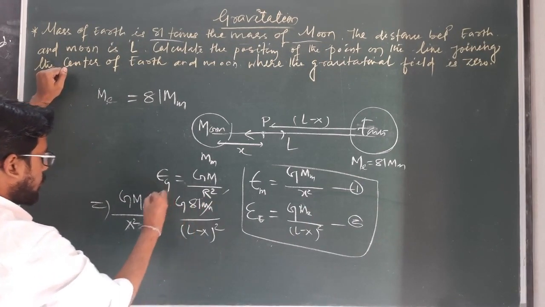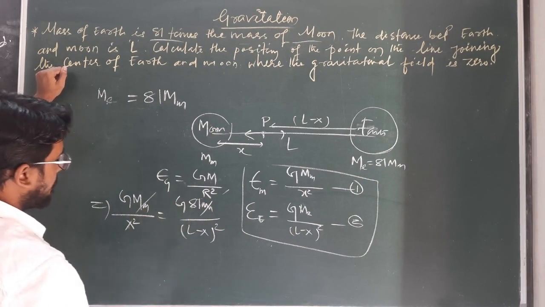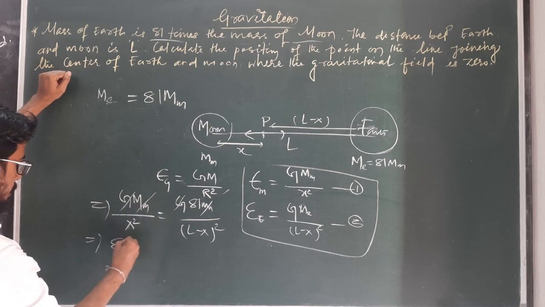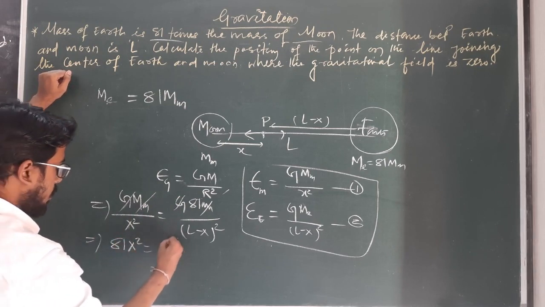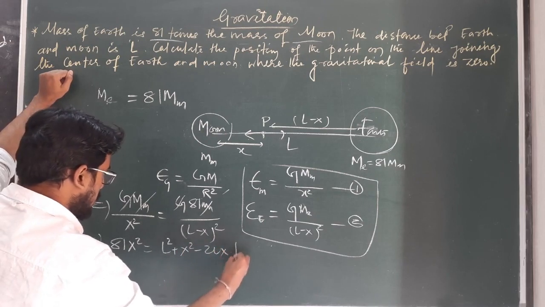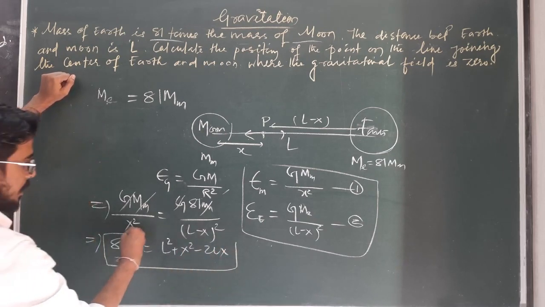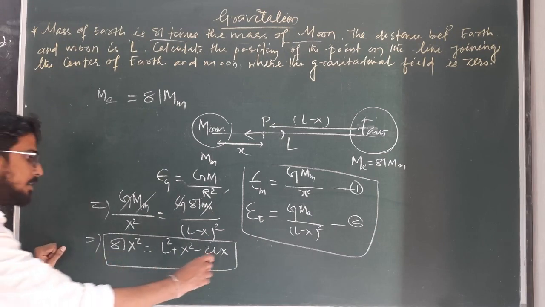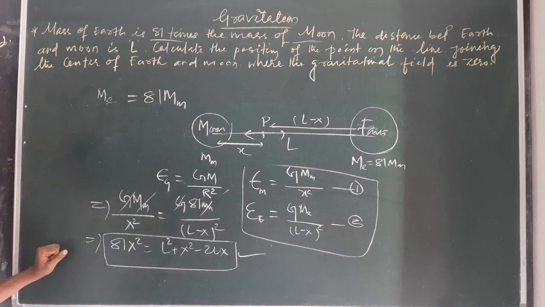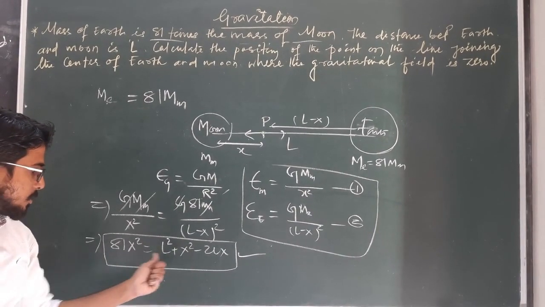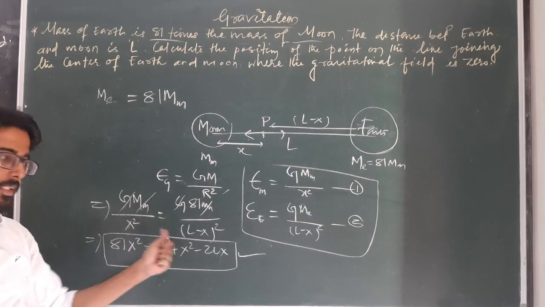So mass of moon will get cancelled, G will get cancelled, so we will get 81 x square equal to L square plus x square minus 2Lx. So it is a quadratic equation in terms of x. By solving this equation, we will get the value of x. Clear? As this is a quadratic equation in terms of x, you can get the value of x by solving this.